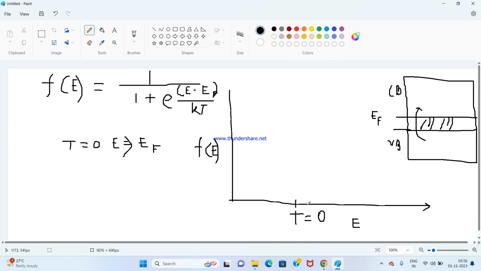Okay, as the x-axis is energy, let this point be EF, the Fermi energy.